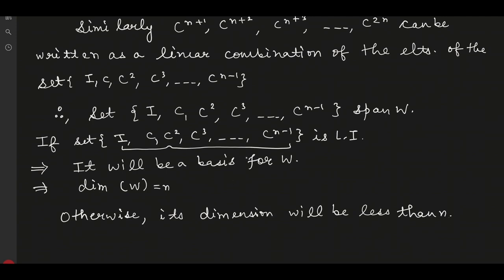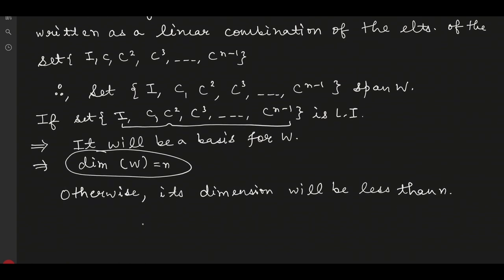If it is LI, then it will form a basis, and basis will contain these n elements. So dimension of W will be n. Otherwise, its dimension will be less than n. Means dimension of W is at most n. So by this B part is correct.